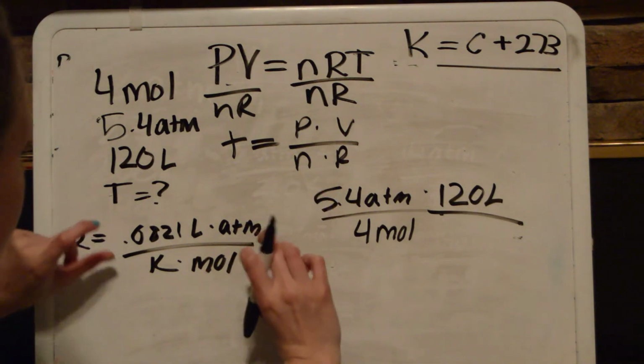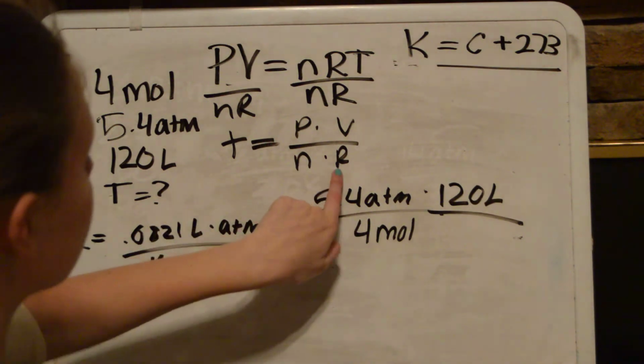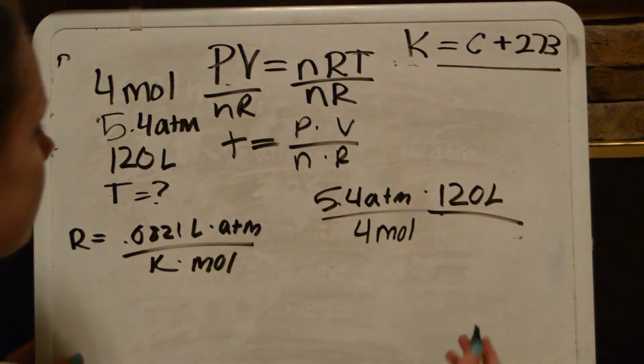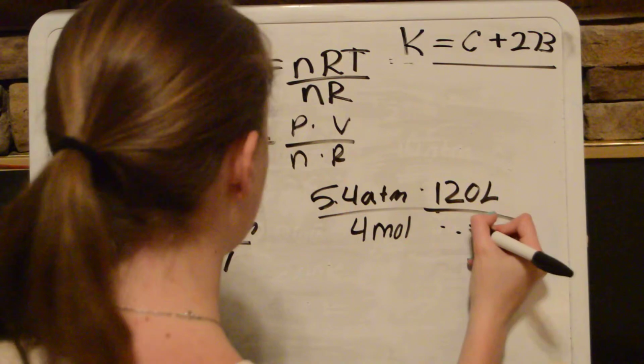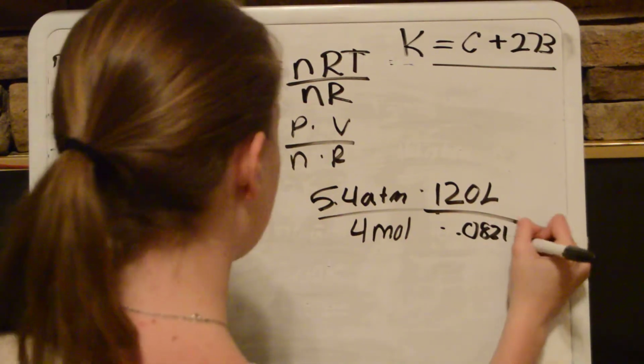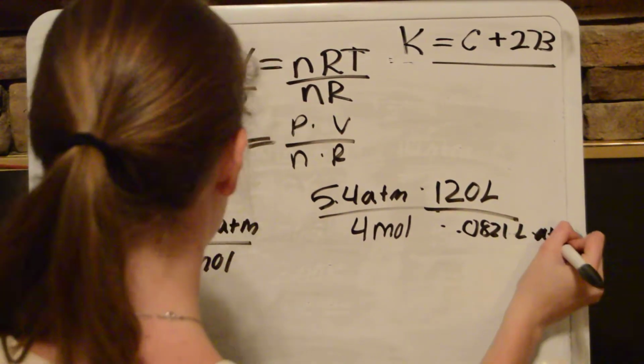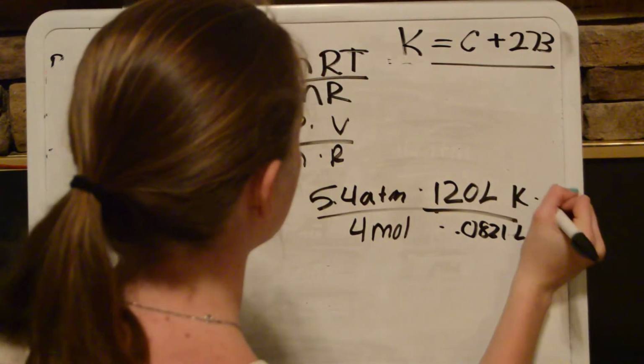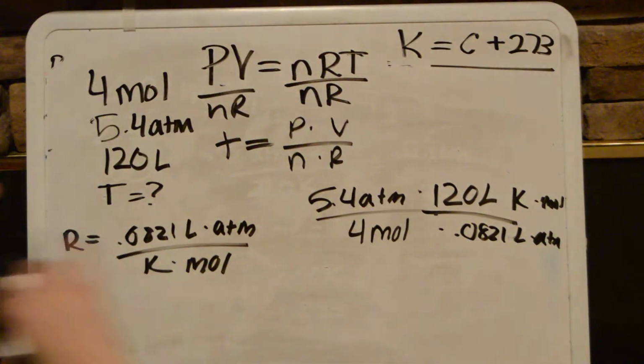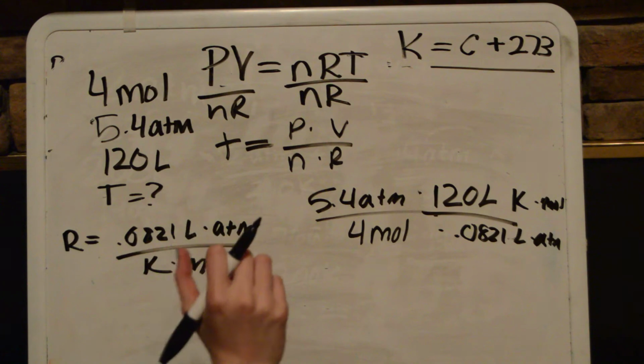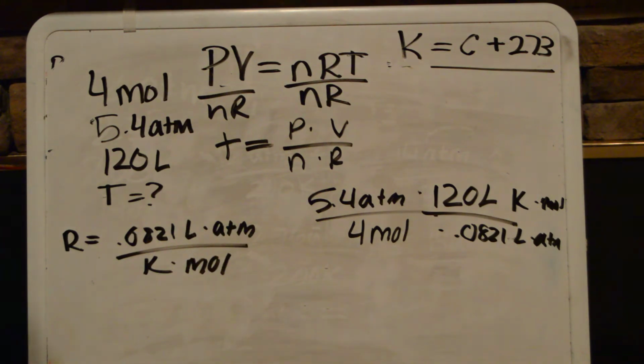We're just gonna flip the constant. When you divide by a constant, you're just gonna flip it, like this. Times 0.0821 liters, atmosphere, and then we're gonna put Kelvin and moles up top. Simple. Just flip it when you have to divide by the constant.